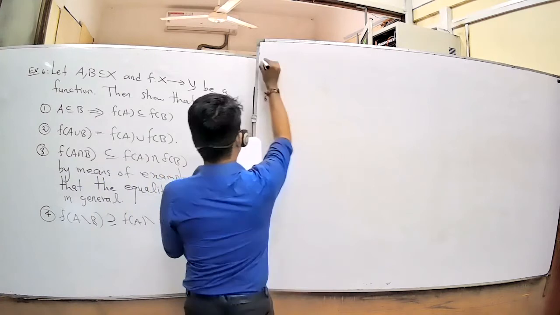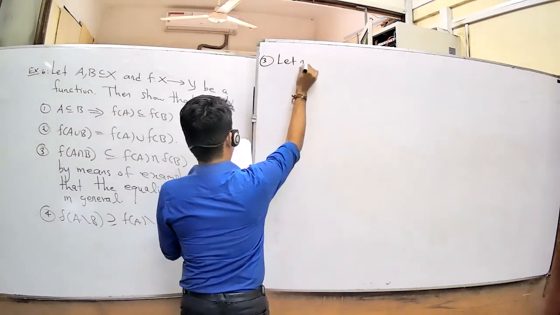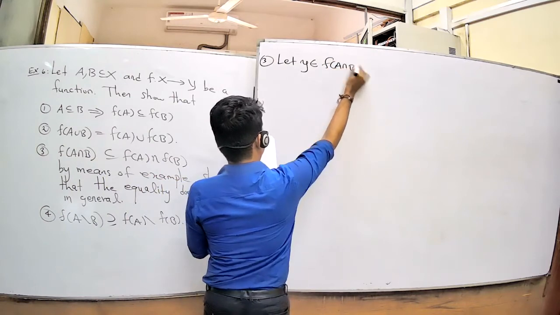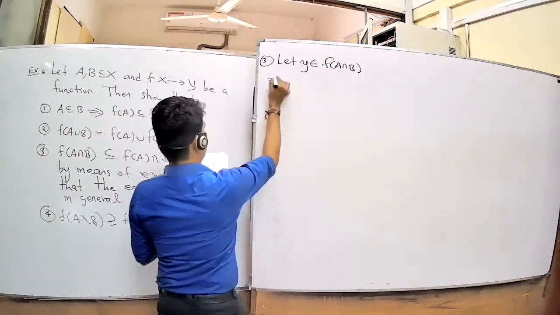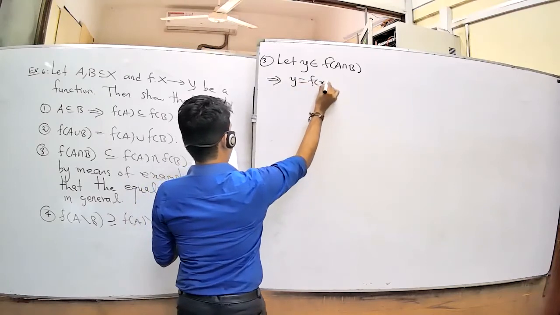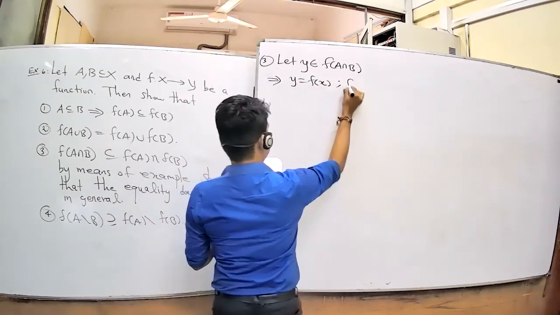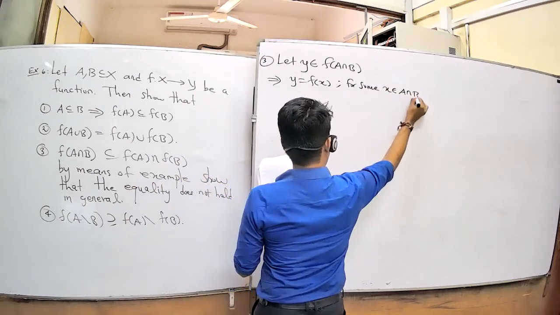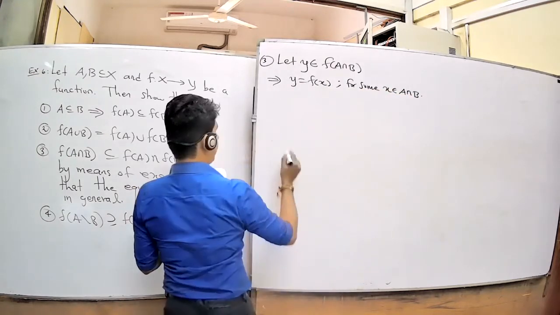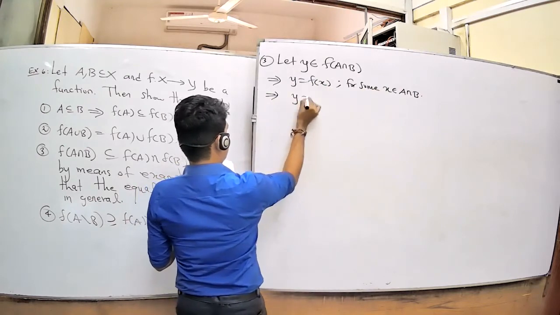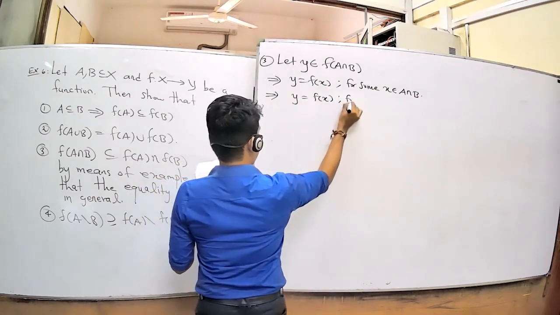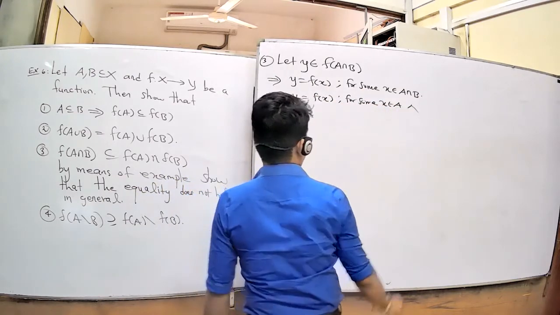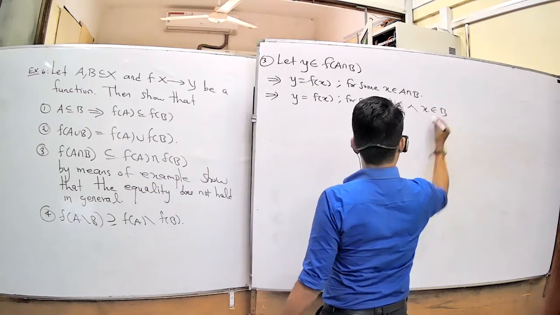Let you take y belong to f of a intersection b. Then you will write y equals f of x for some x belong to a intersection b. From this part, y equals f of x for some x belong to a and x belong to b.